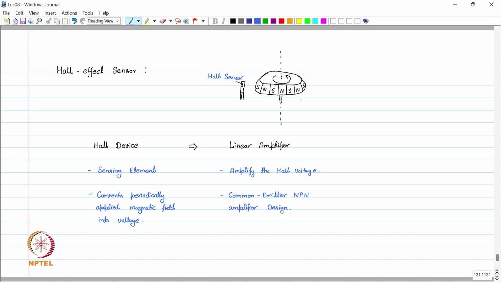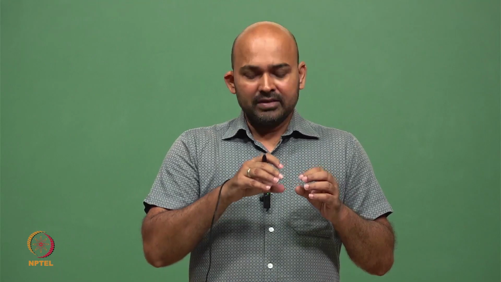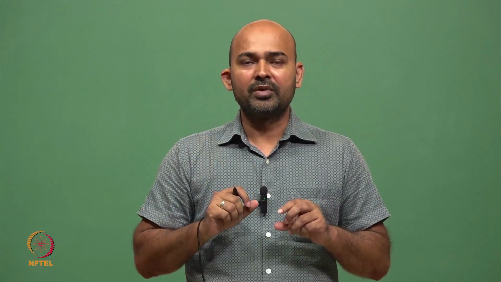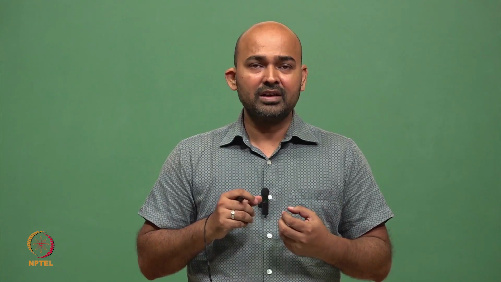So now we have a Hall device which is sensing this magnetic flux and converting it to a voltage of a few millivolts, followed by a linear amplifier which amplifies this few millivolts into the volt range. But the problem is, when the signal comes from the Hall device, it comes along with noise as well, which is always there in these circuits.